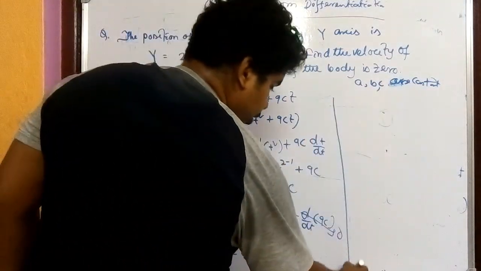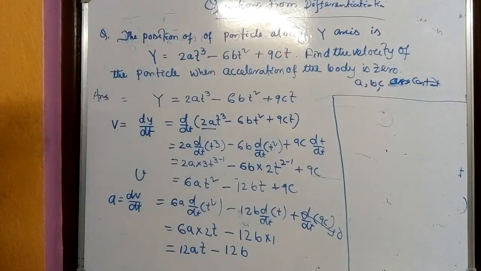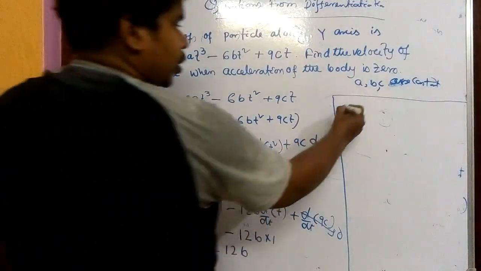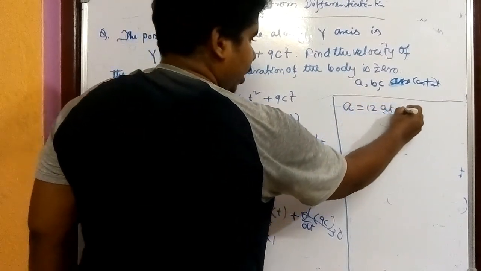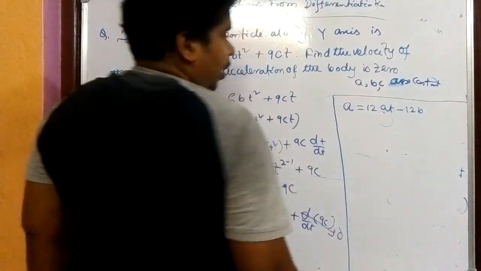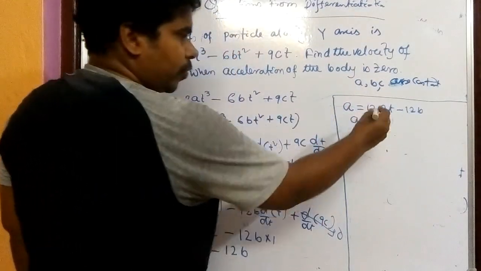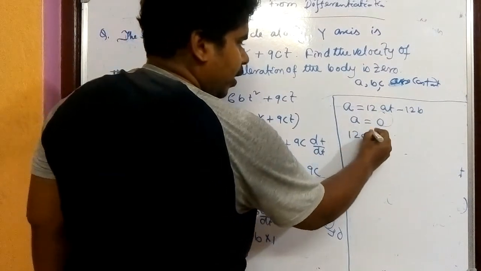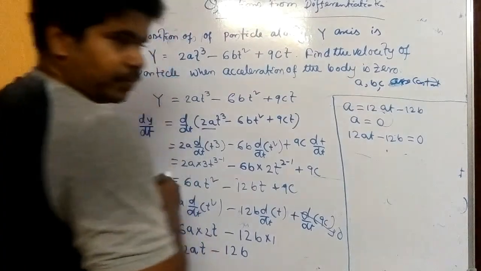Now what is told in the question? In the question it is told your acceleration should be 0, then what will be the velocity? So acceleration is already given, 12at minus 12b. It is told acceleration is 0. So from this equation, 12at minus 12b should be 0.